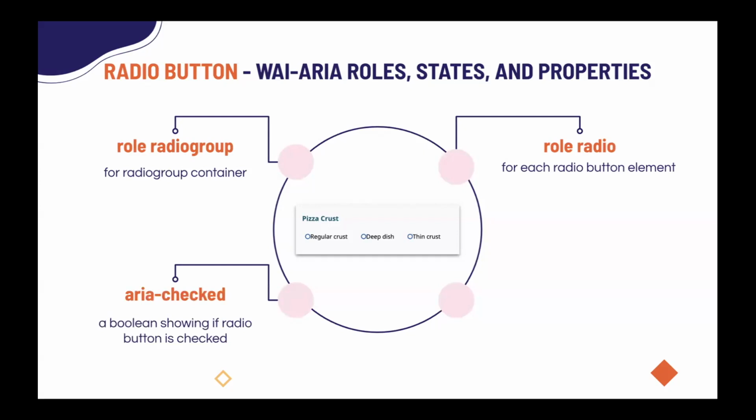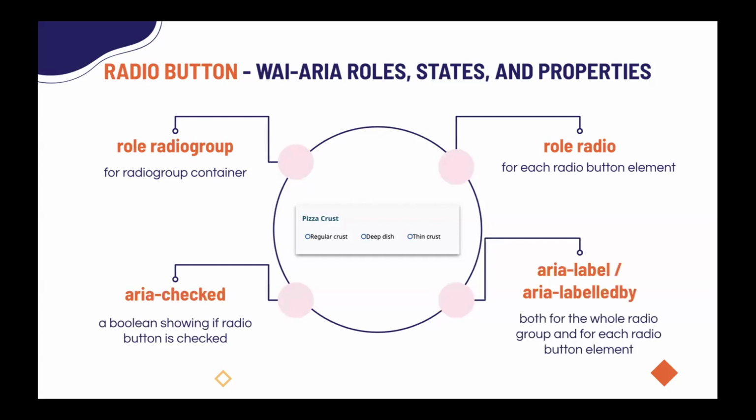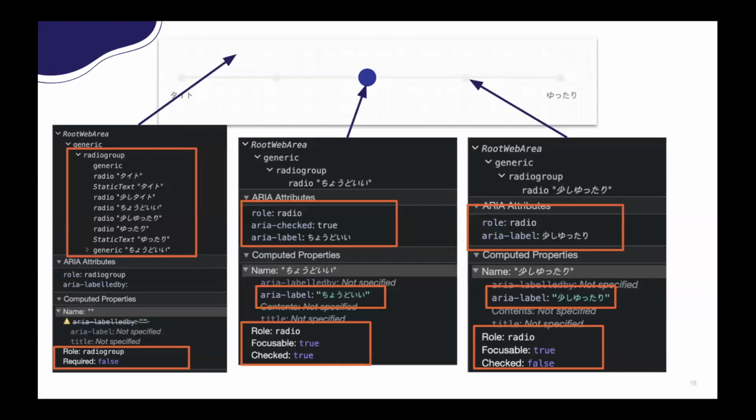We also need aria-checked for the value that is checked at the current time, and a label both for each of the values and also for the whole radio button group. So when I implemented it this way, it's very important that you check it with your DevTools.